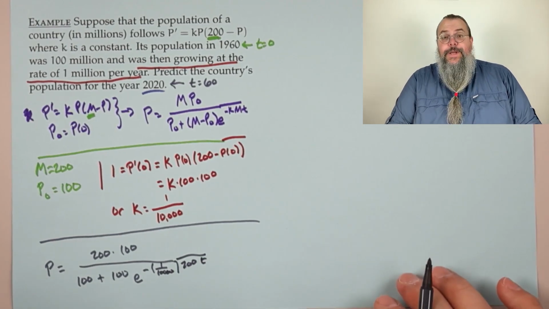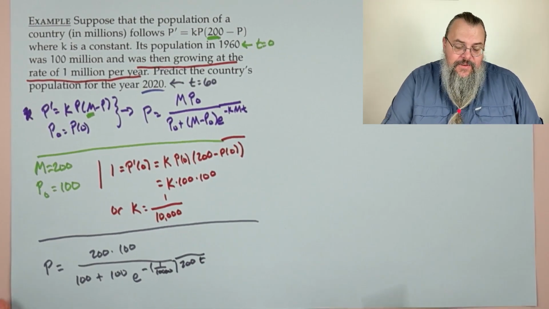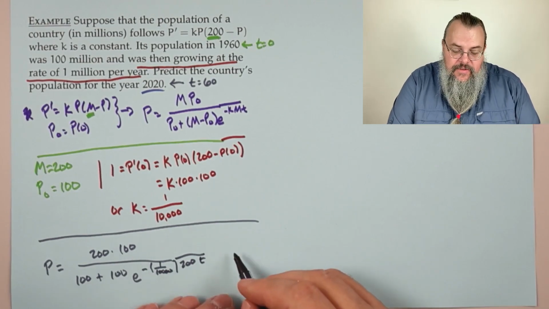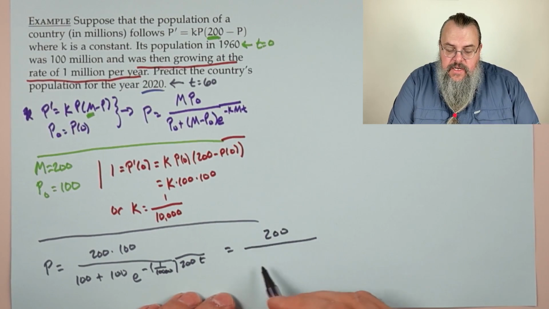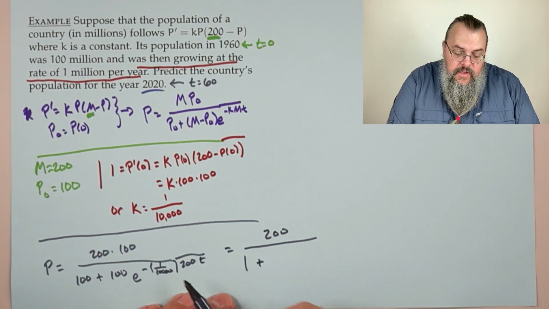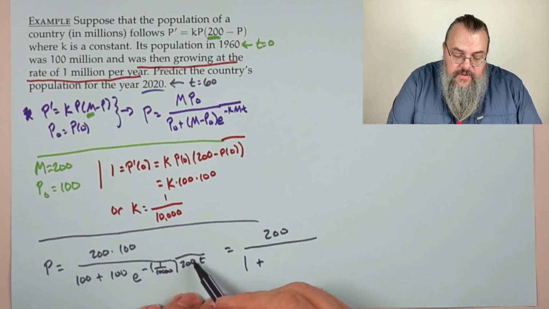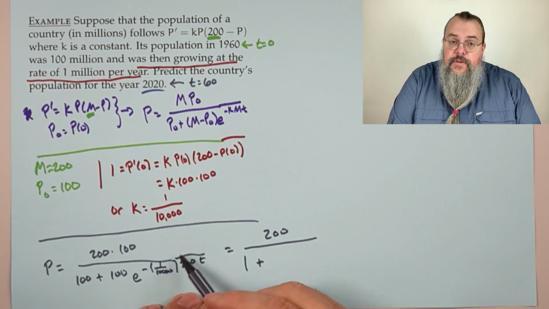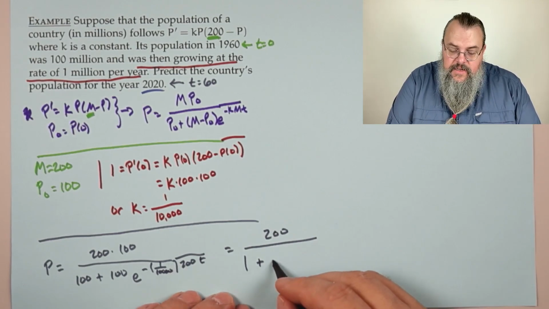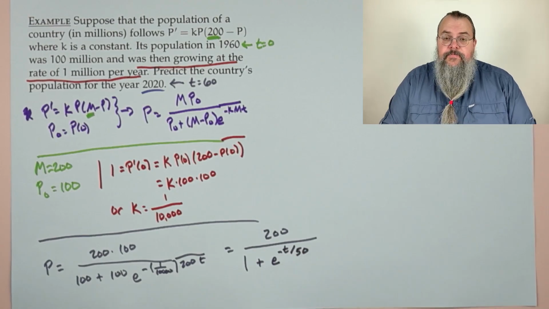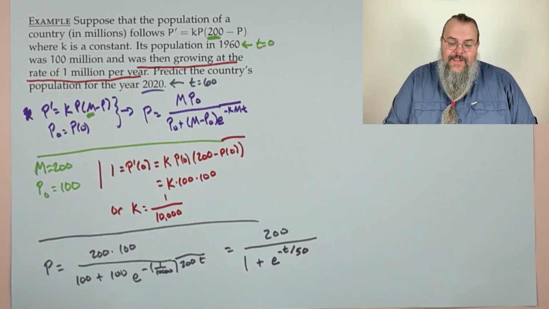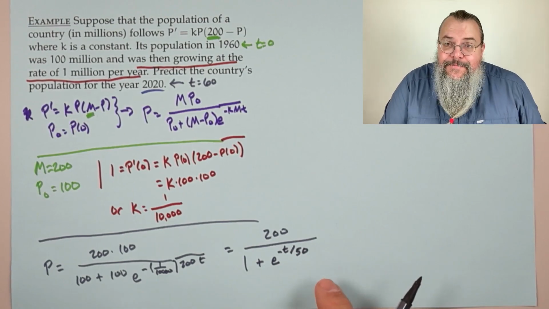All right, we can clean that expression up. Certainly, all these hundreds can cancel, so we end up with 200 divided by 1 plus, now here we can cancel off some zeros, so you end up with 2 over 100. That can be written as e to the minus t over 50. All right, so that's our population at any time.